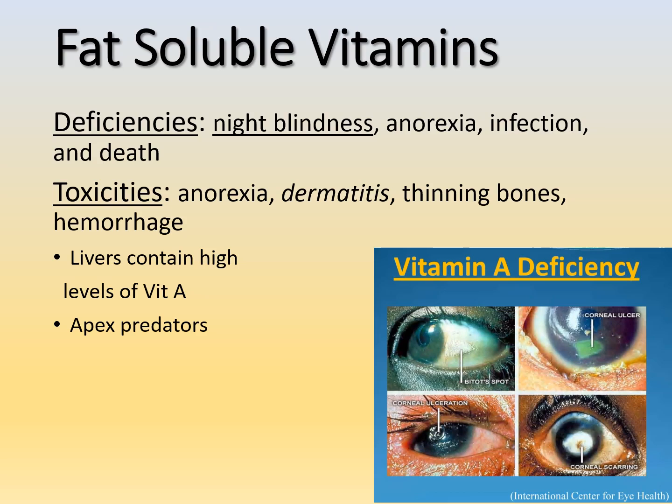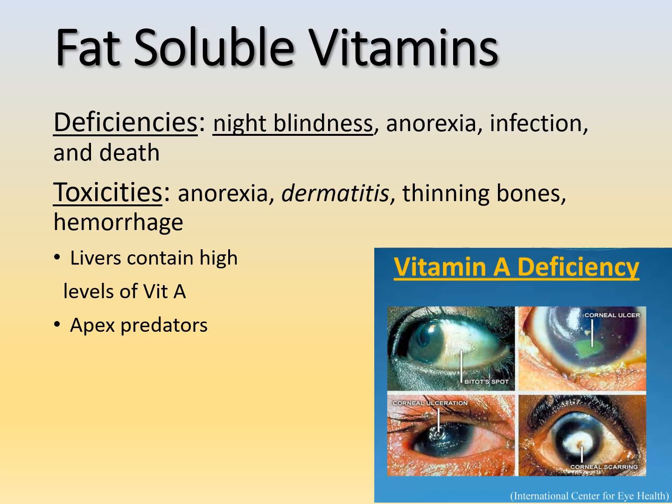So liver contains the highest level of vitamin A. And if some animals eat too many livers that have a lot of vitamin A in them, you can see some of these toxicities, which can be anorexia, dermatitis, thinning bones, hemorrhage. So some of these crazy things.